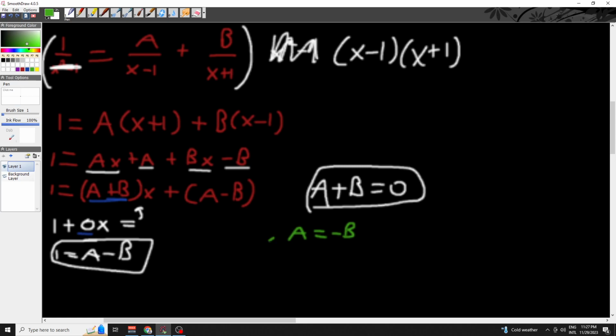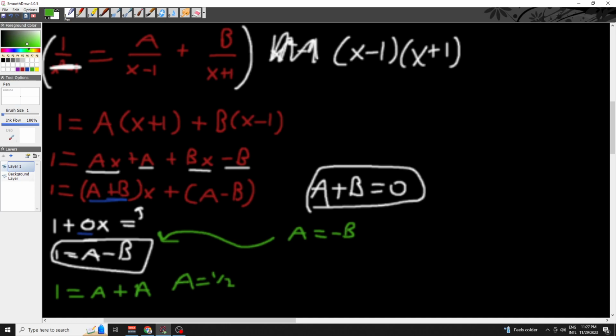And then if we bring it over to here, we'll see negative b is equal to a. So we're going to have 1 is equal to a plus a. And that's going to be 2a. Divide by 2 on both sides. We'll get a is equal to 1 half.